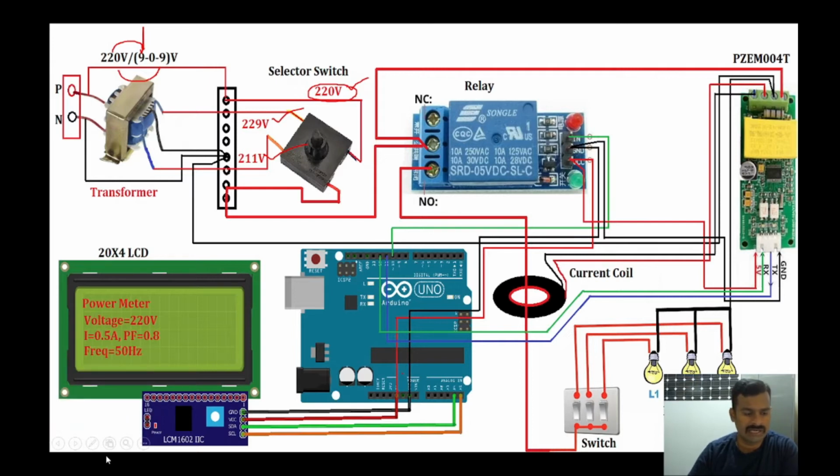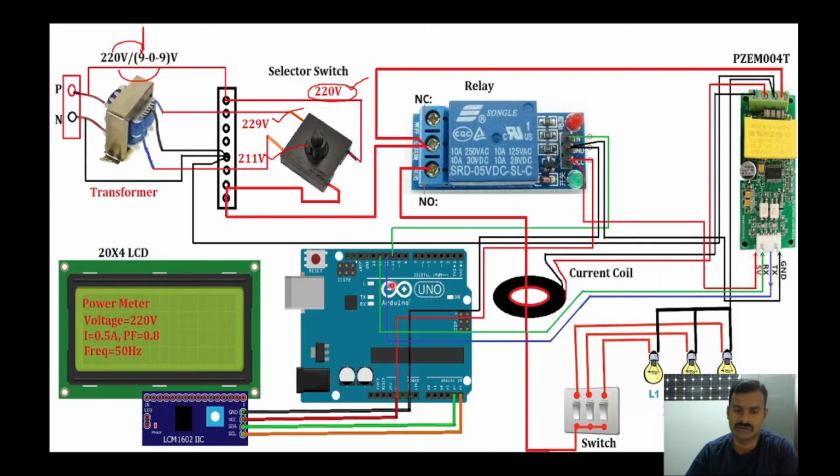So based on these current and voltage inputs, this energy sensor is going to measure and give input to the Arduino Uno about the measured input voltage, input current, phase angle between them, power factor, energy, power, frequency. Everything, all the electrical parameters will be given to this Arduino Uno.